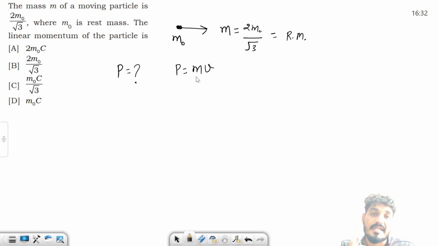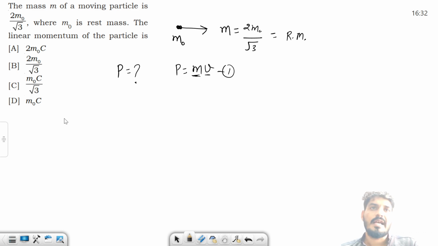Remember, this m is the relativistic mass. This we have to use. Now m is given to us, but v is not given to us. So what can we do? Very simple. Let's try to find out v.